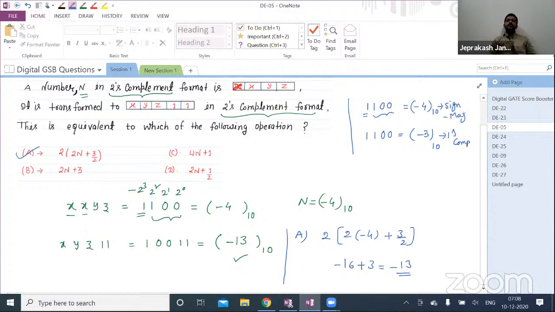In this way, if you observe, for negative numbers you will get different representations in sign magnitude form, ones complement form, twos complement form. Whereas for positive numbers, whatever you get in sign magnitude form, the same representation is valid in the other two also, in ones complement and twos complement form. Okay, you have to read the question very carefully. Based on the context, you have to follow accordingly, right? Twos complement representation and twos complement of some number, both are different. Okay.